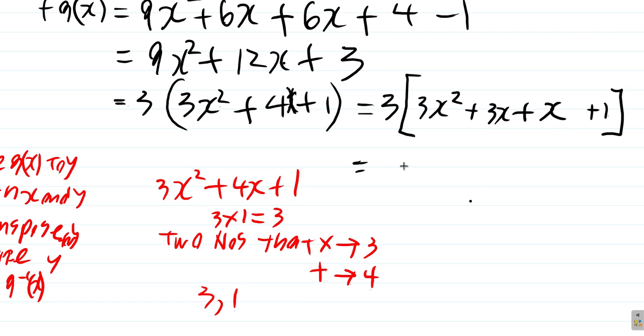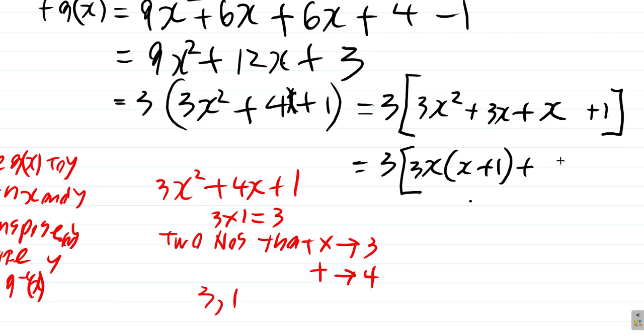Factorize this part. 3x can come out as a common factor. This would be x plus 1 inside the bracket. You see that? So 3x times x gives you back 3x squared, and 3x times 1 gives you back 3x.